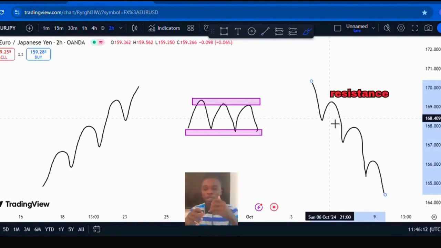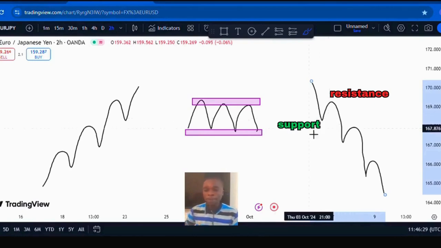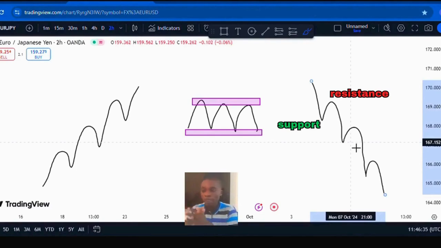Each time price heads up to the resistance area, it comes back down to break the support area. You can see that the resistance area is level, but the supports keep breaking. The support is not level like the resistance. It keeps breaking. So at this point sellers are in control of the market.